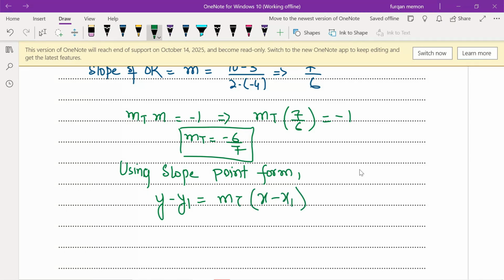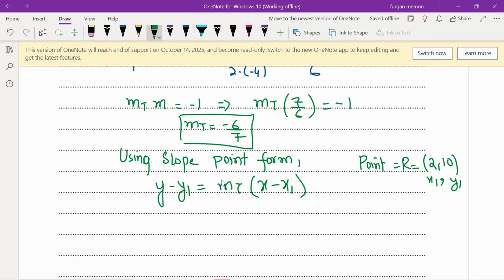In this case, the point is R, which is (2, 10), where 2 is x1 and 10 is y1. So we can plug the slope value and the point value into this equation. We will have y minus y1, which is 10, is equal to mt, which is -6 over 7, times x minus x1, which is 2.